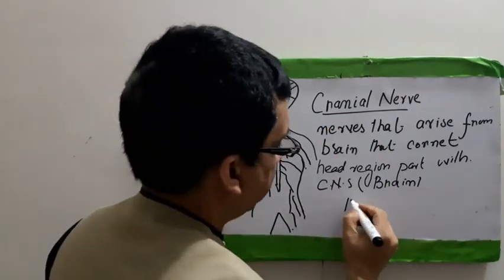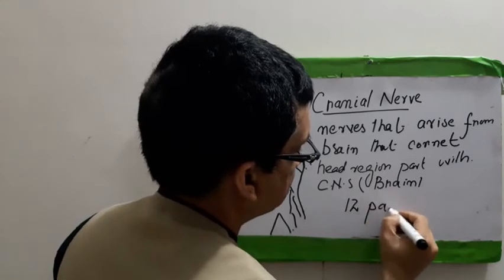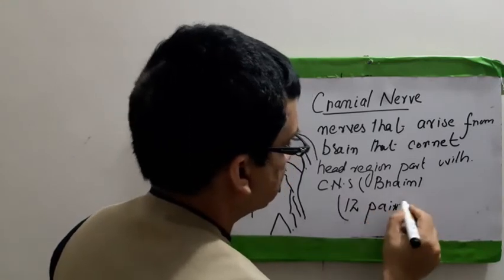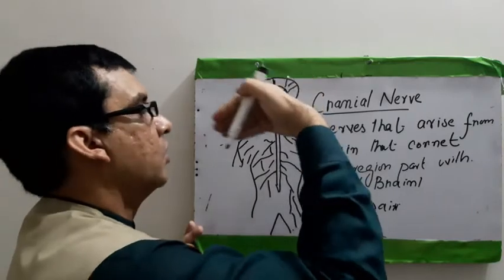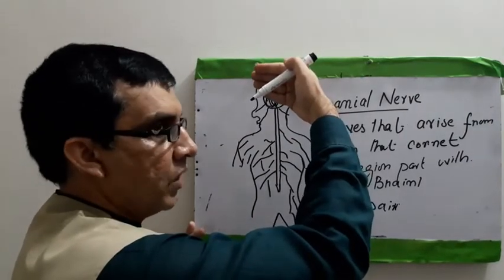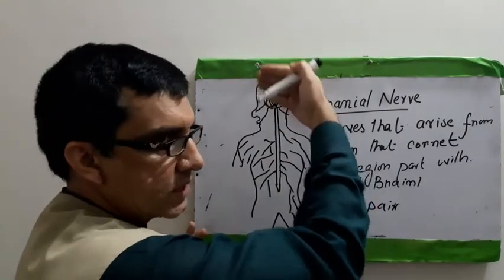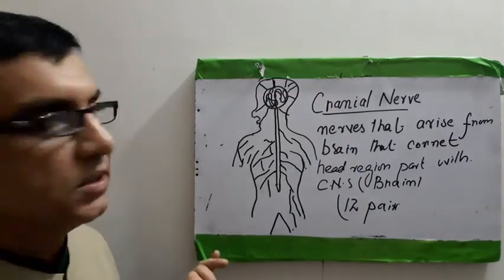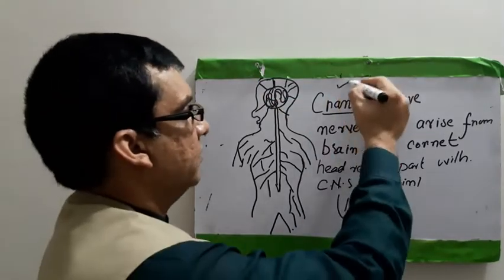There are 12 pairs of cranial nerves, so these nerves are in pairs, 12 on one side and 12 on the other side. So these are the cranial nerves.